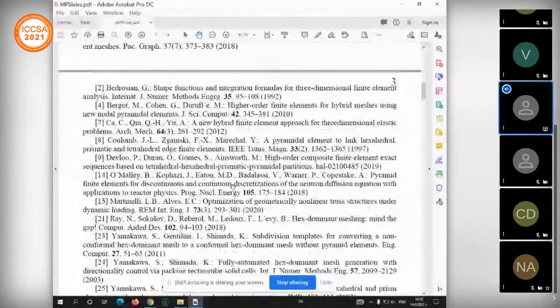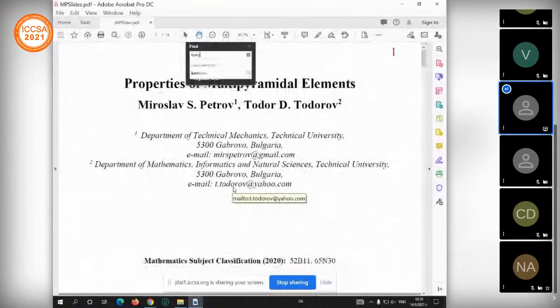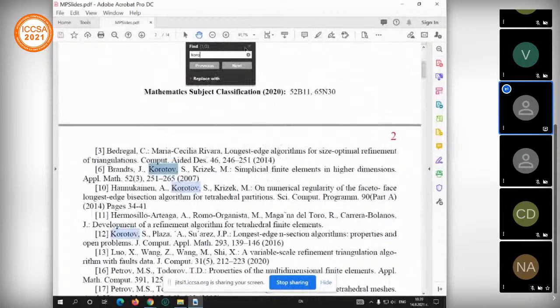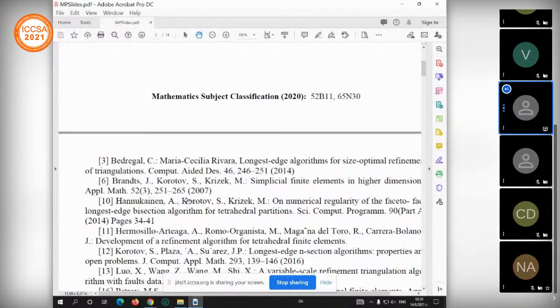That's number 6, which presents all applications of the finite element method in multidimensional spaces. Here we talk about n-dimensional spaces and applications of the finite element method in the higher dimensional spaces. This paper makes the beginning of a new era in the applications of the finite element method.